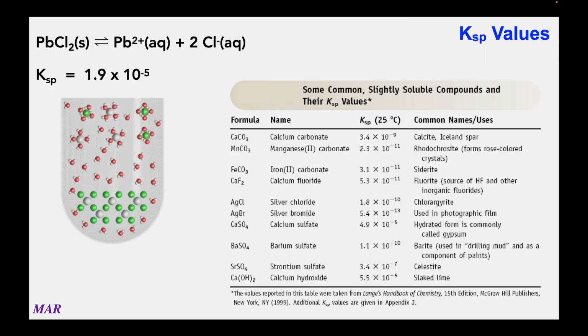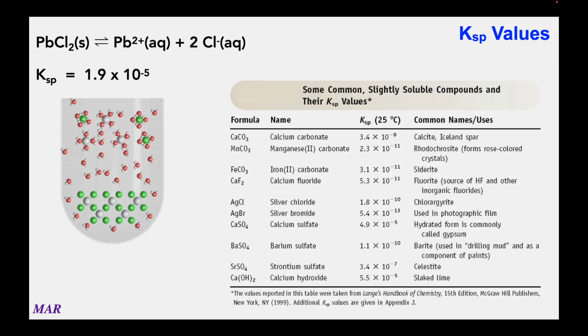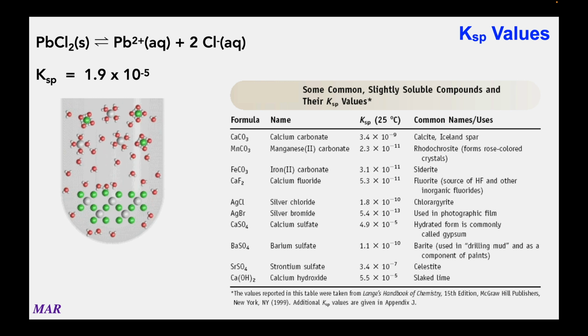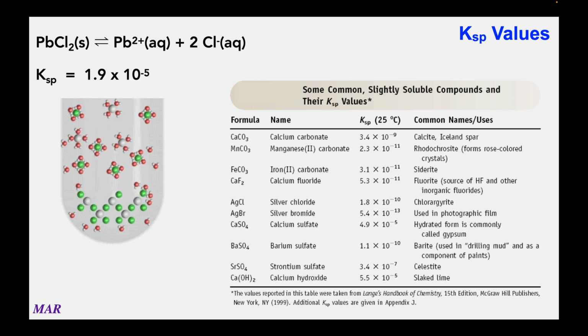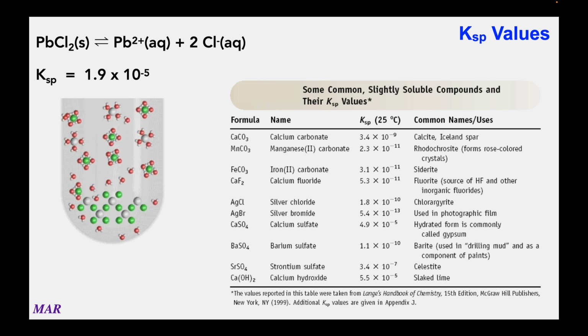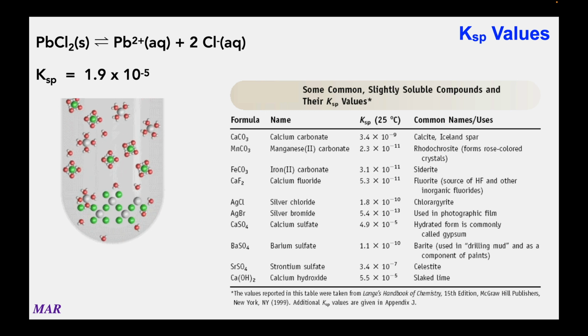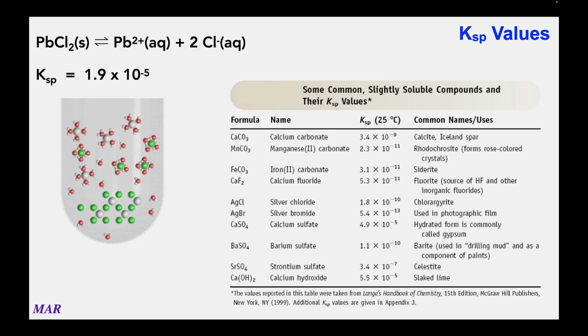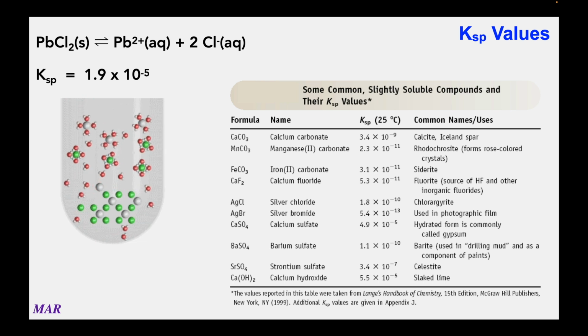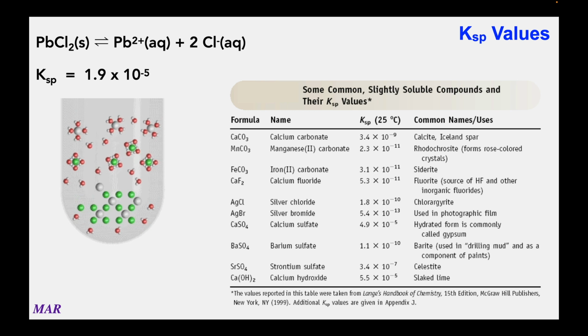When solid lead chloride is added to water, a small number of ions are released into solution. Those ions can reattach to the solid, while other ions can dissolve. A state of dynamic equilibrium is reached, in which the concentrations of ions are constant and can be described by an equilibrium constant expression. This is the equilibrium constant expression for lead(II) chloride.